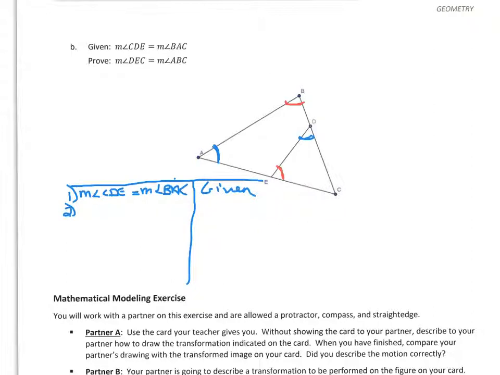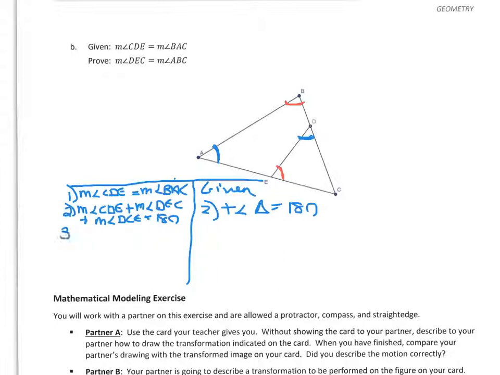So if we say that the measure of angle CDE, that's this one, plus the measure of angle DEC, plus the measure of angle DCE, is equal to 180. That's because the sum of the angles in a triangle is equal to 180.